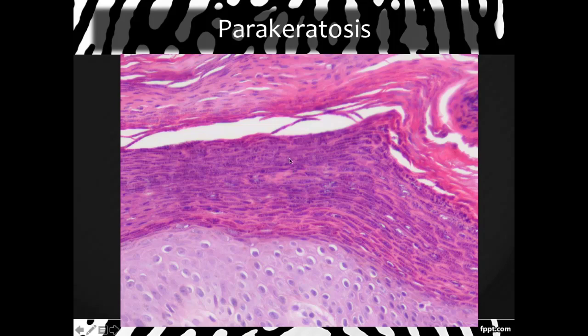The organelles and nuclei are not disintegrated yet, and they are not filled with mature keratin properly. So the process of maturing of the cells is so quick that they don't have time to mature properly. And you can see nuclei visible even in the superficial layers of the stratum corneum, which is not normal.